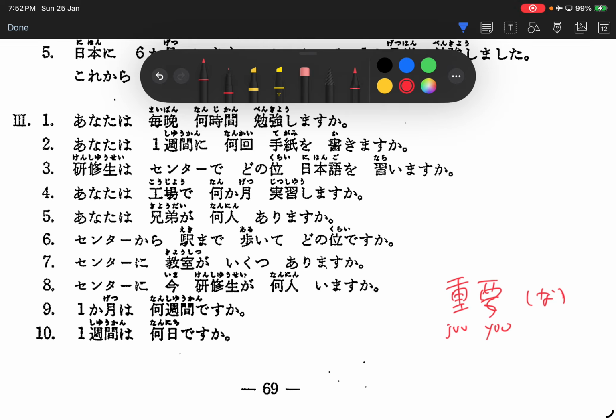Okay, next one, number 3. Yes, 4. 研修生はセンターでどのくらい日本語を習いますか？ 日本語はすごく複雑ですから。ですから、毎日先生に習います。 Okay, 先生に習います. That means 習います is receive, like receive learning.